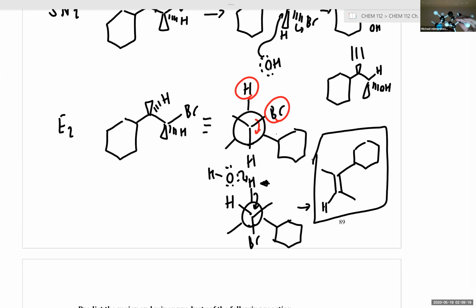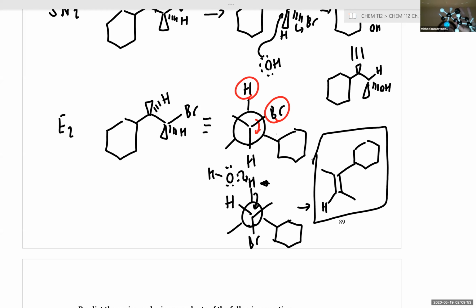So again, just to showcase what we did, first and foremost, we start from the conformation exactly as drawn. We then look down our carbon-carbon bond and we rotate our molecule so the hydrogen and our bromine are trans to each other.